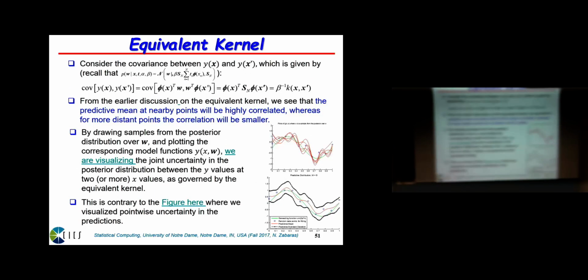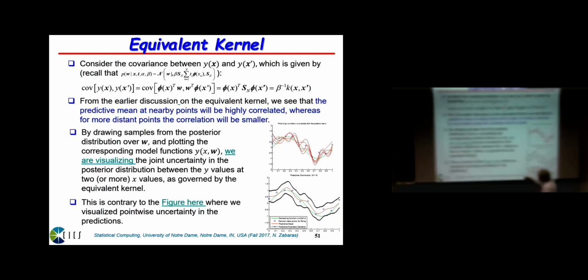In the regression problem, just to give you another thought for your lunch, if you remember, we computed the posterior distribution for the parameters W. Let's say you want to compute the covariance between the responses at two different points, x and x prime, using the posterior covariance Sn, substituting the regression function being phi transpose W at x and W transpose phi at x prime.